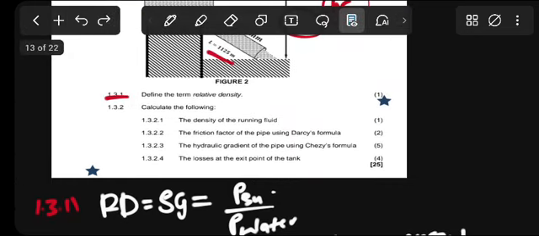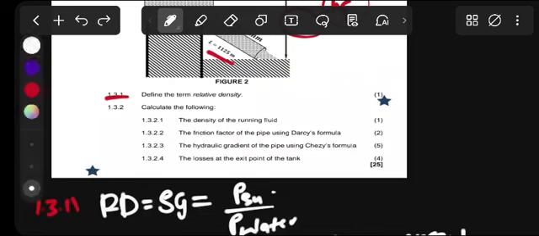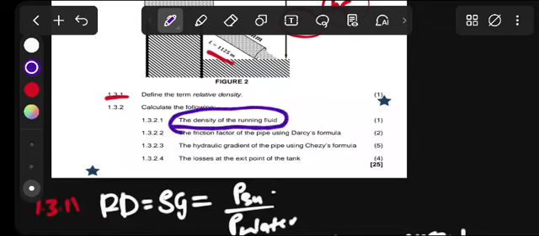Here it says calculate the following. We need the density of the running fluid.